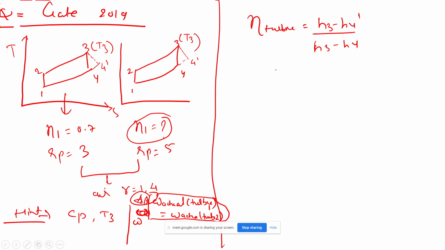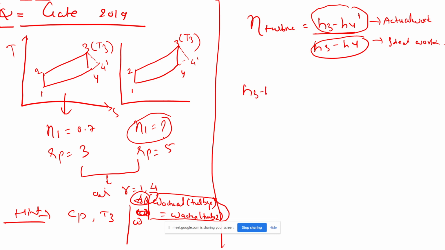From here we know that this one is the actual work, and this is the ideal work. So we can write H3 minus H4 dash is equal to eta of turbine into (H3 minus H4).